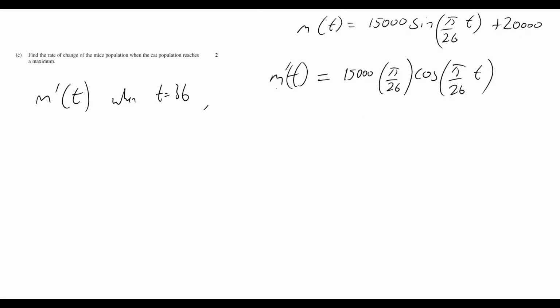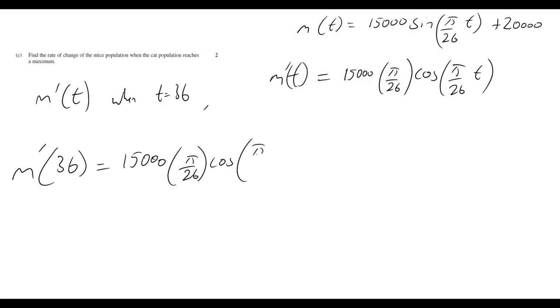So now looking at this rate of change, again, as I mentioned earlier, all we need to do is set t equals 36, and let's see what we get. So we're now saying that m prime of 36 is going to be equal to 15,000 times pi on 26, now times cos of pi on 26, times 36.